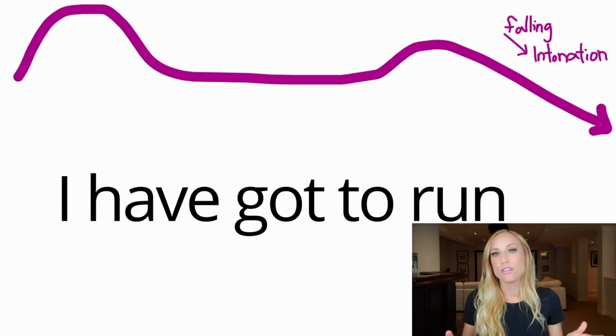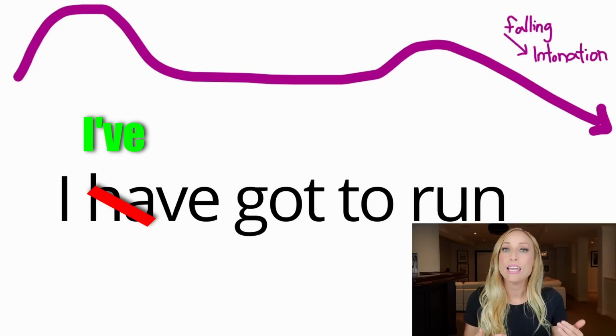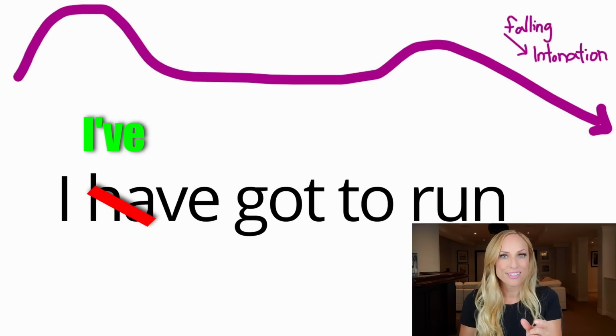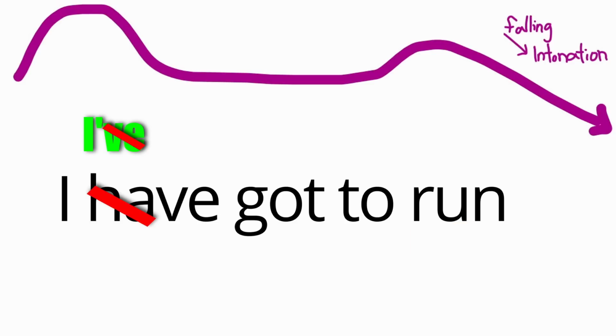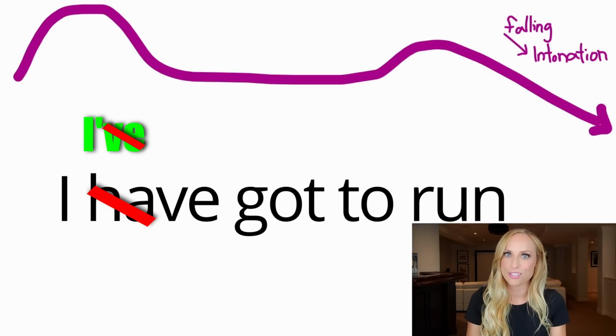I and have is contracted as I've. I've gotta. But in a very informal conversation, the VE, I've, is also deleted, resulting in I gotta. I gotta run. The T in the got and to is going through a few processes.